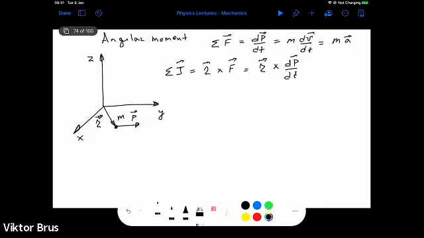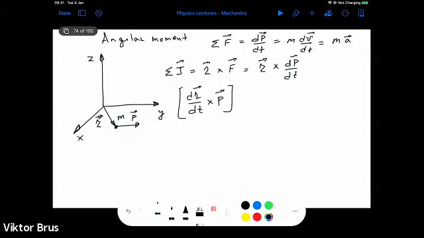Okay, so now what can we do? Let us add to the right side of this equation the vector product dr over dt times p.